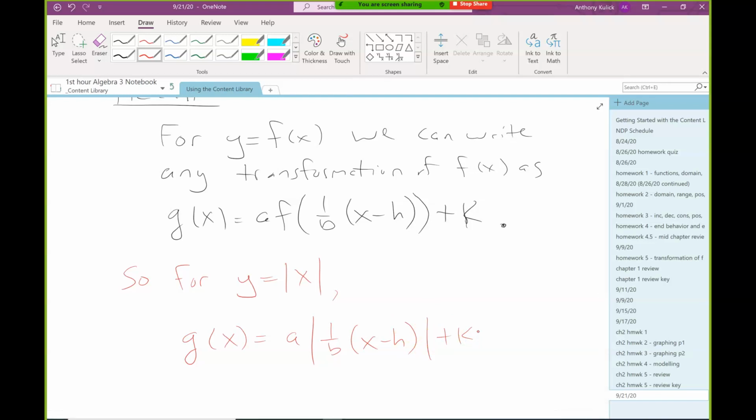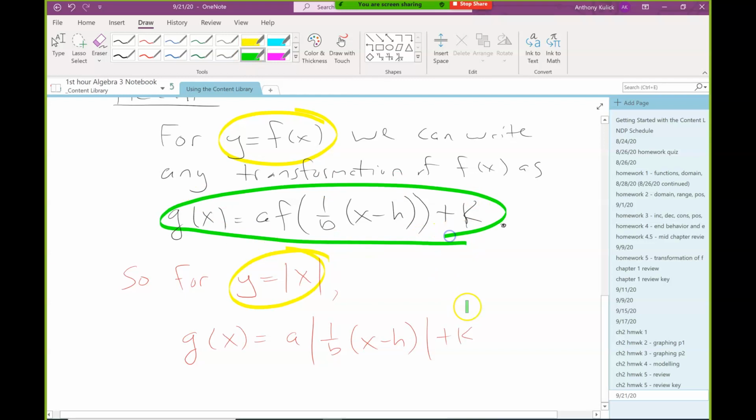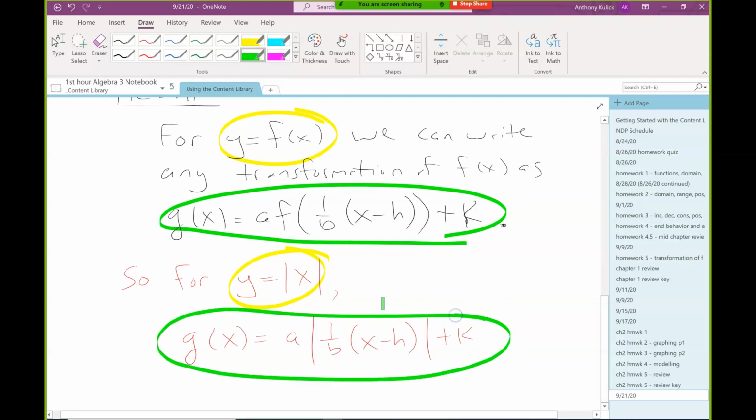Is everybody okay with what we did there? We designated our f of x as the absolute value of x. So in turn, our transformation became specific to the absolute value function. Right?